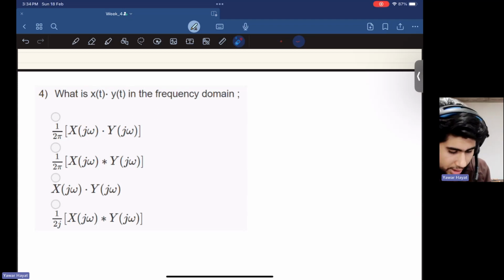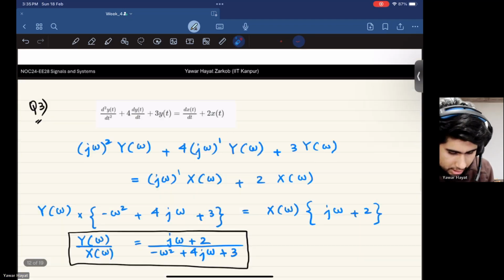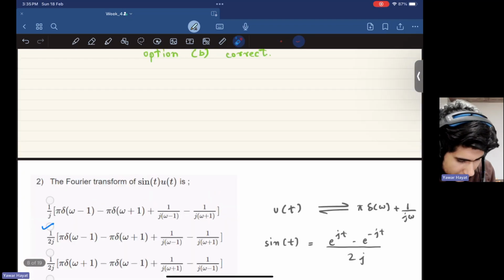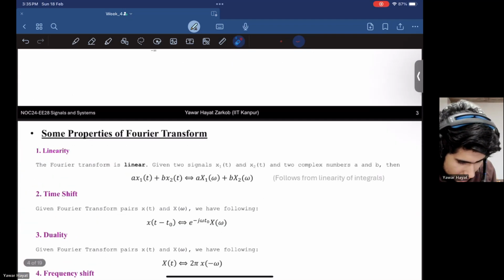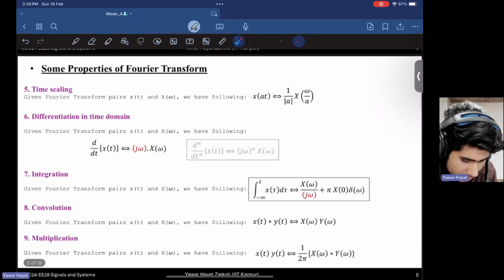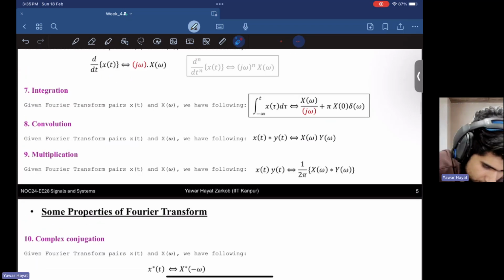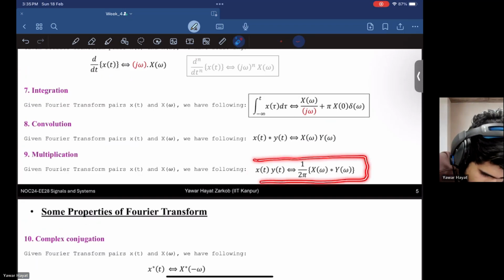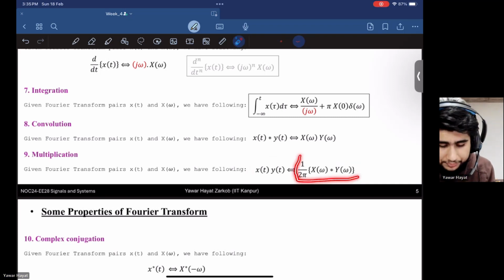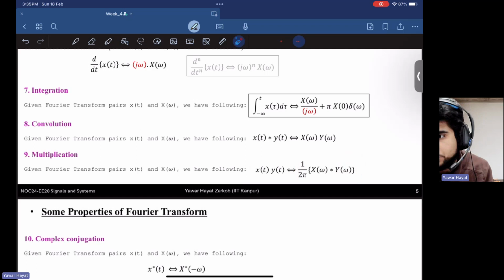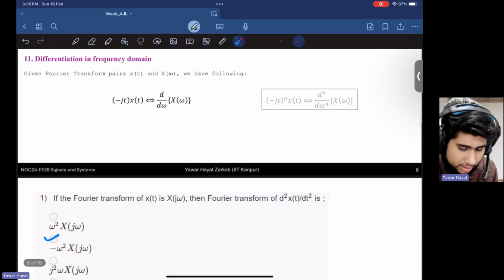What is the Fourier transform of the product of the two signals? If you remember, I had actually kept this result as a property, right? The product of x of t, y of t is given by 1 by 2 pi X of omega convolution Y of omega.